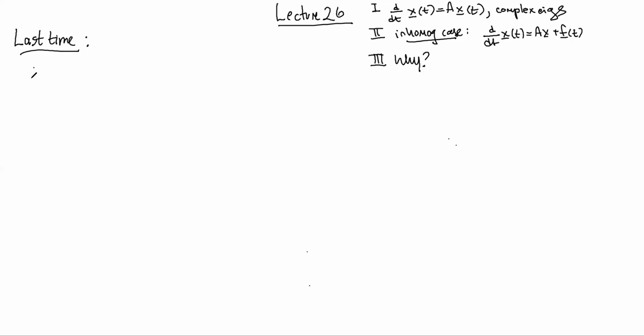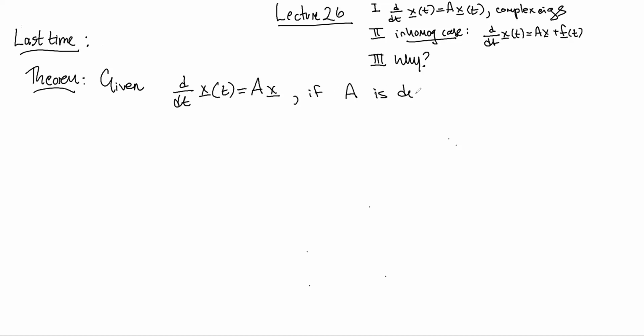We proved the following theorem: given some homogeneous system of first order ODE like this in normal form, if this matrix A is diagonalizable, then the general solution is very simply expressed in terms of the eigenvalues and eigenvectors.